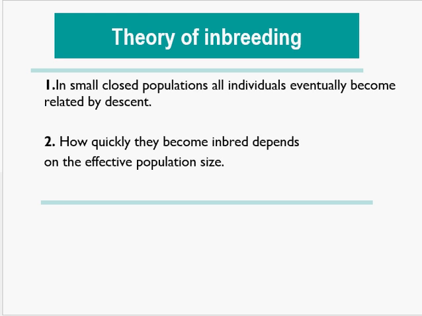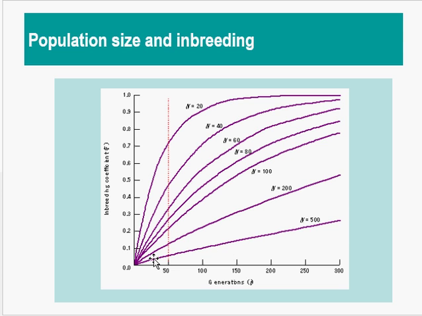So what is inbreeding? In small closed populations, all individuals eventually become related by descent. So eventually all the genes are mixed and all organisms are of the same genotype. How quickly this happens really depends on the effective population size. The larger the effective population size, the slower it occurs. So if you have an effective population size of 500, you basically are not going to get inbreeding very quickly.